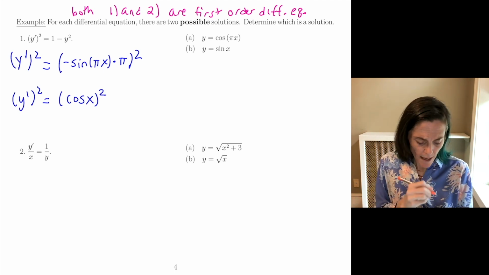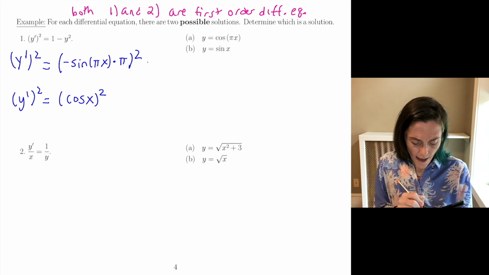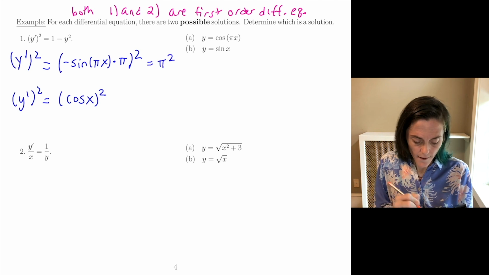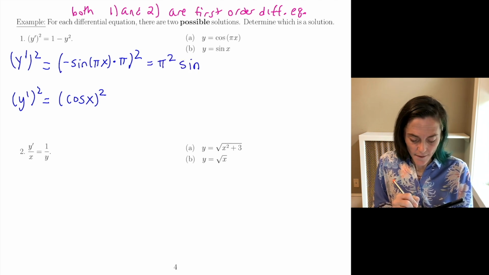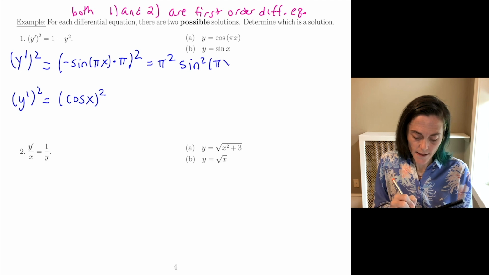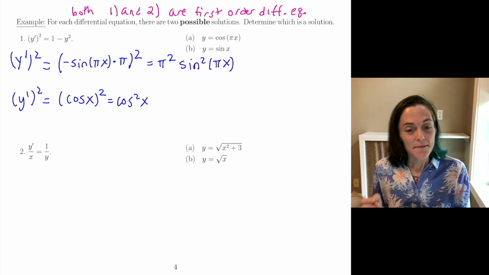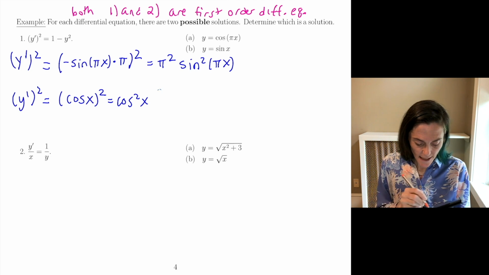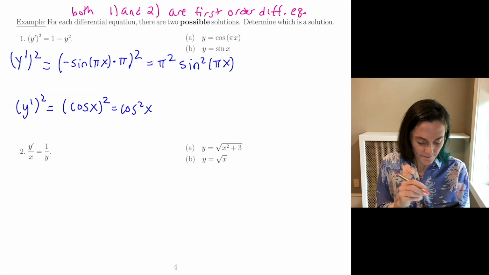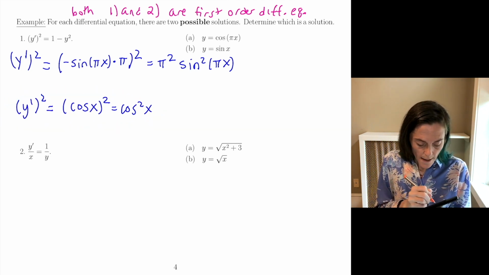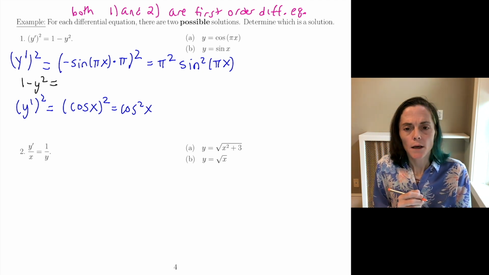Well, let's simplify this top one. We have pi squared sine squared of pi x, and this one is just cosine squared. On the other hand, maybe let's move this down just slightly. 1 minus y squared is what?